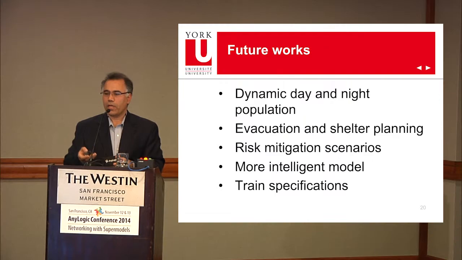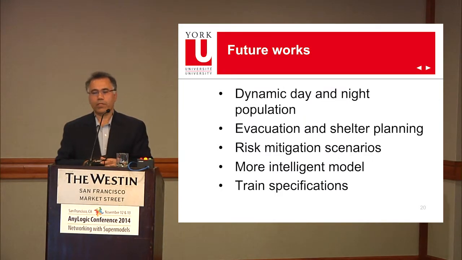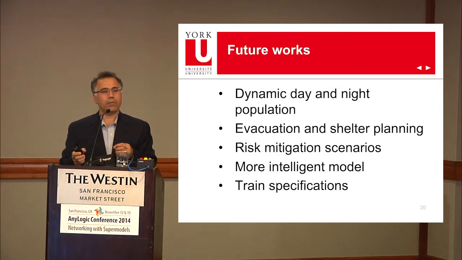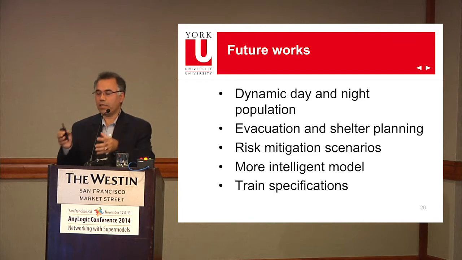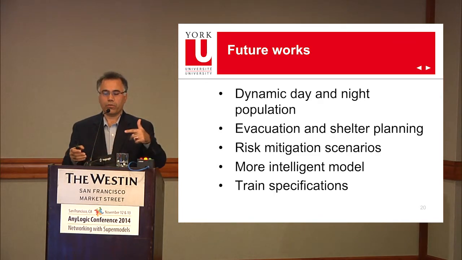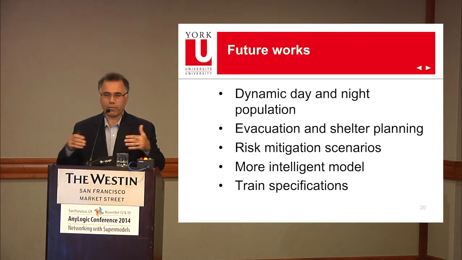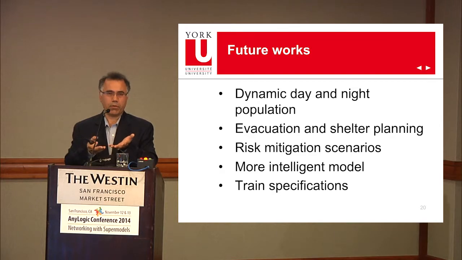Yes, future work. What is missing in this is the dynamics of day and night population, which is just one option. You have day and night. What I'm trying to do is to make it more dynamic so that at any given point in the day, using a function, you have the actual number of people at that particular time.